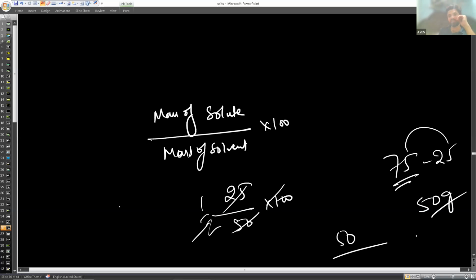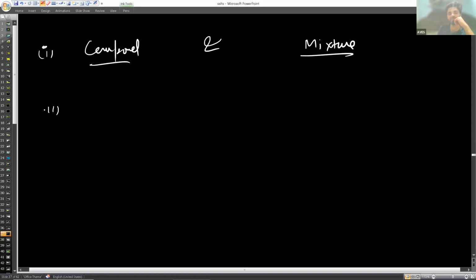Revise in your copy. I'm going to ask you the difference between compound and element, compound and mixture, and first this one you have to tell me. Second is different types of colloidal solution.